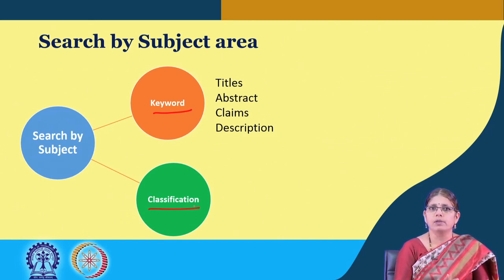Before we undertake any search, it is very important to understand the technical area, because without the understanding of the technical area, you will not be focused in relation to searching of patent documents.